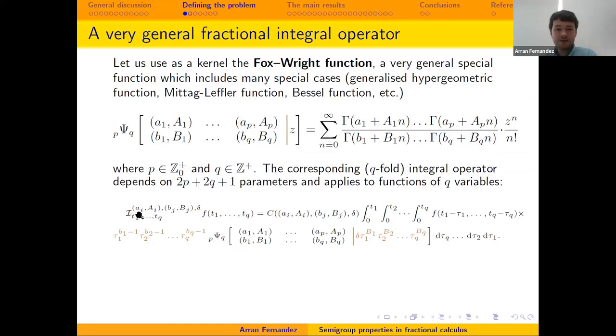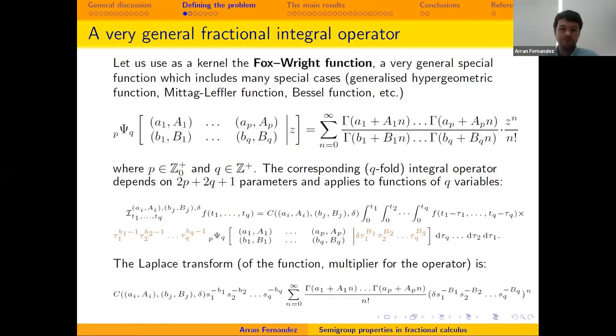We have our little a's, p of them, big A's, p of them, little b's, q of them, big B's, q of them, and a delta. So it's 2p plus 2q plus 1 different parameters. And here is an integral operator applying to functions of q variables. We have modified this Fox-Wright function by substituting in powers here and multiplying by powers there. So it was a function of one variable. We've modified it to a function of q variables.